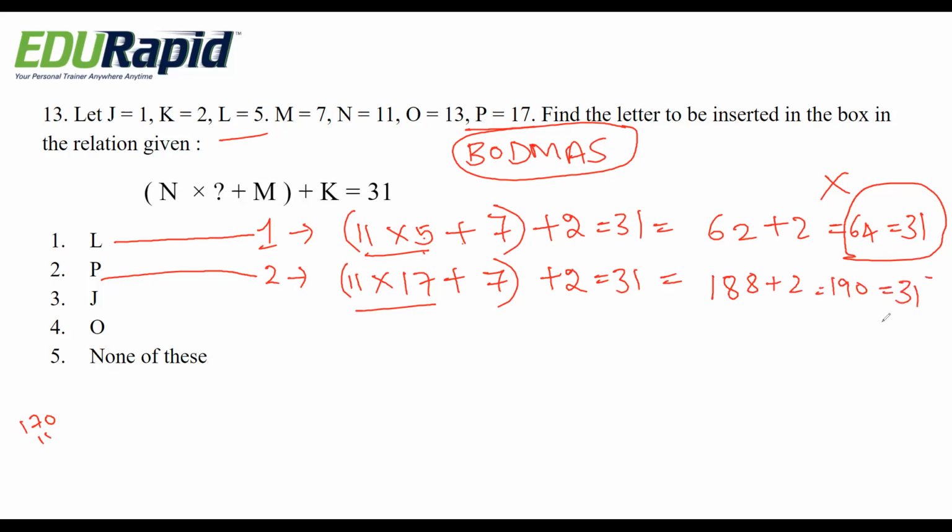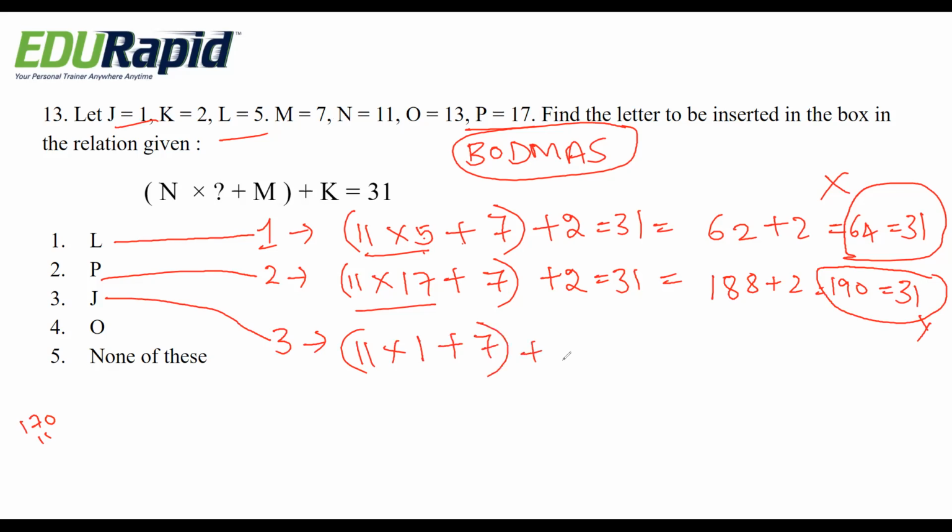It is also not balanced. Let me check with the third option, J. For J it is 1. 11 into 1 plus M is 7 plus 2 equals 31. 11 ones are 11. 11 plus 7 is 18. 18 plus 2 is 20. 20 is equal to 31. It is also not balanced.